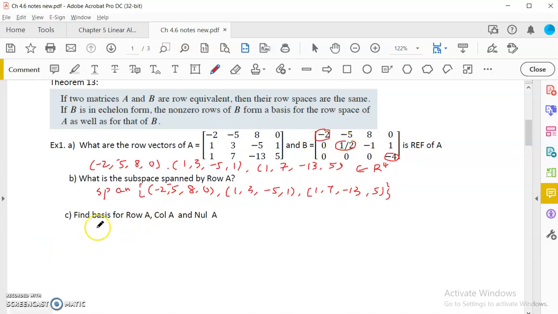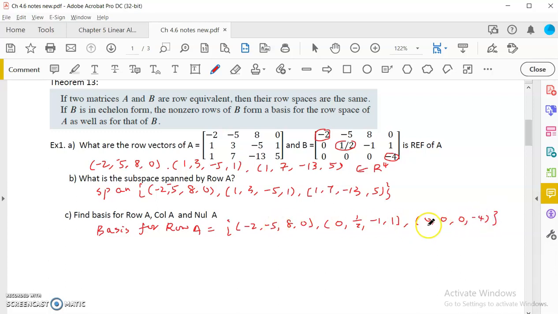So the basis for row A would equal these three vectors: -2, -5, 8, 0, which is actually the first row, and then 0, 1/2, -1, 1, and then 0, 0, 0, -4. So these are the bases because they're 100% surely independent.